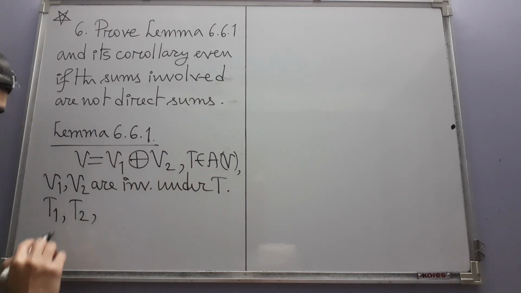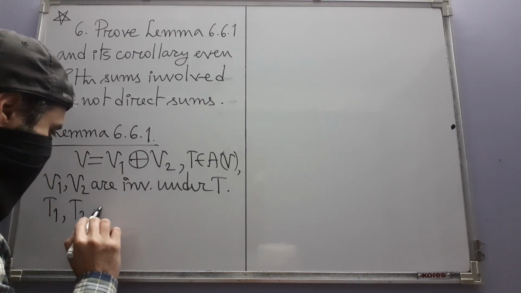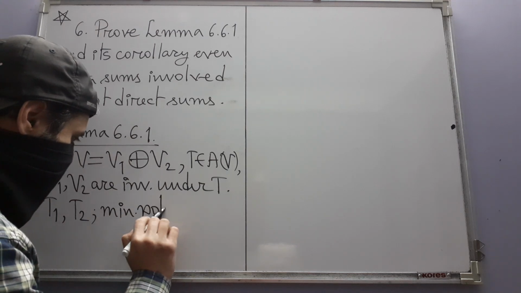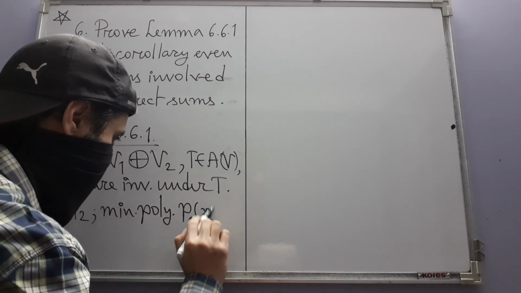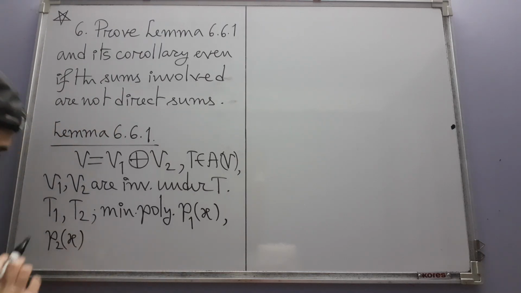Let them have the respective minimal polynomials P1 of x and P2 of x over our underlying field F. So these are the ingredients, and that means the hypothesis.